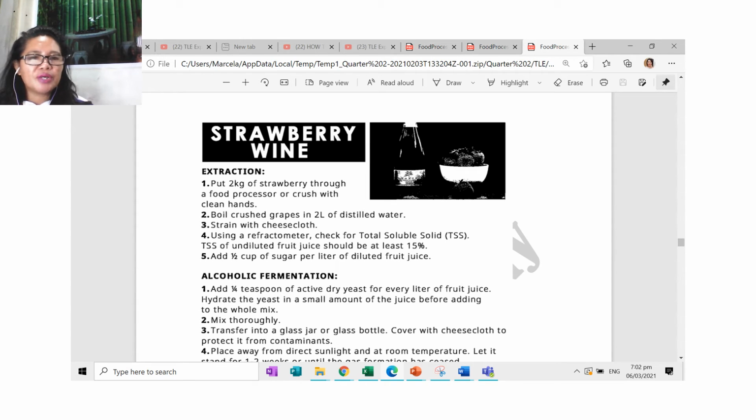Number 3, you are going to transfer into a glass jar or glass bottle. Then cover with cheesecloth to protect it from contaminants. Number 4, place away from direct sunlight and at room temperature.